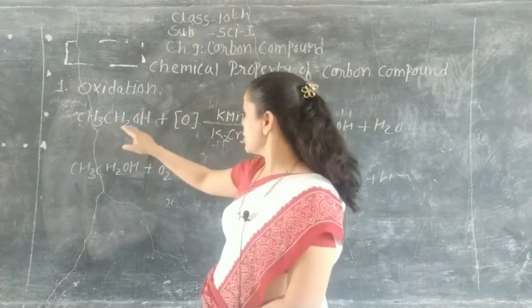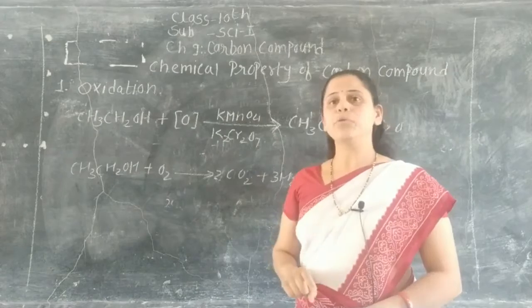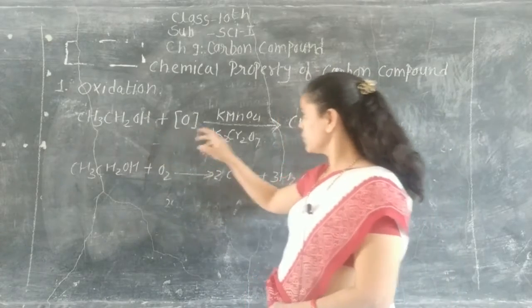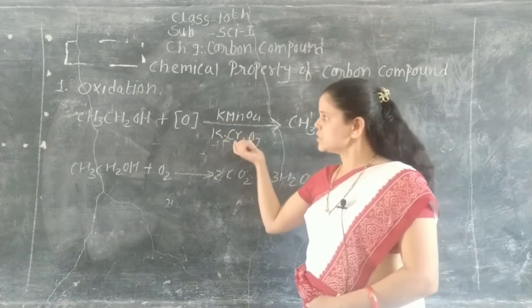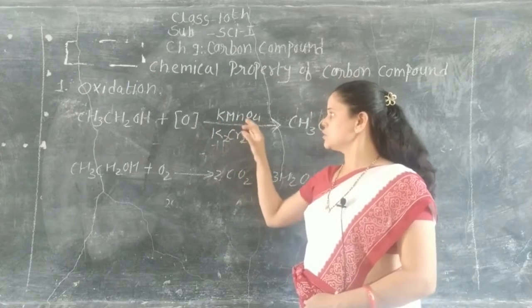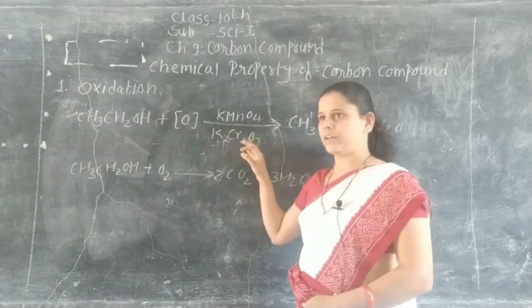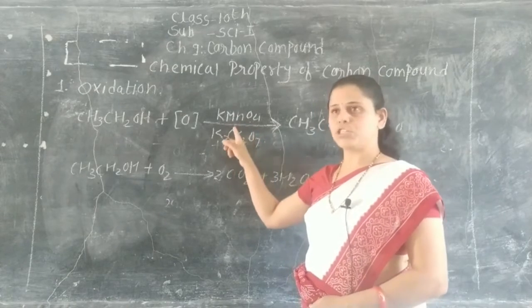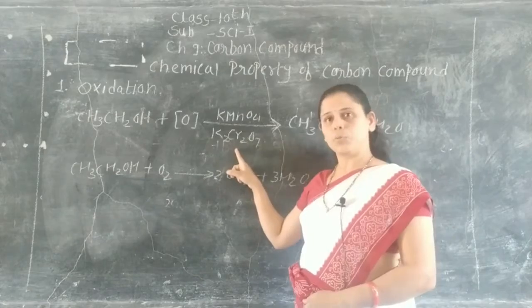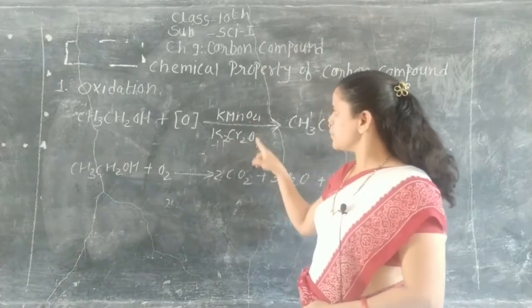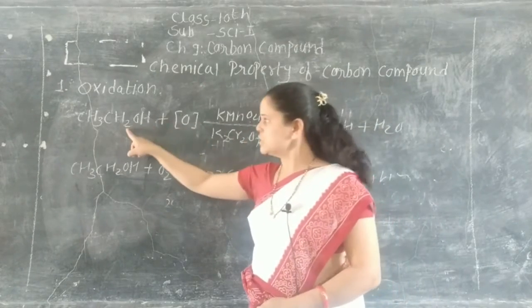In an oxidation reaction, any carbon compound or hydrocarbon reacts with oxygen, and in this reaction we use an oxidation agent. That means here we use potassium chromate, potassium permanganate and potassium dichromate, and they supply the oxygen to this compound.